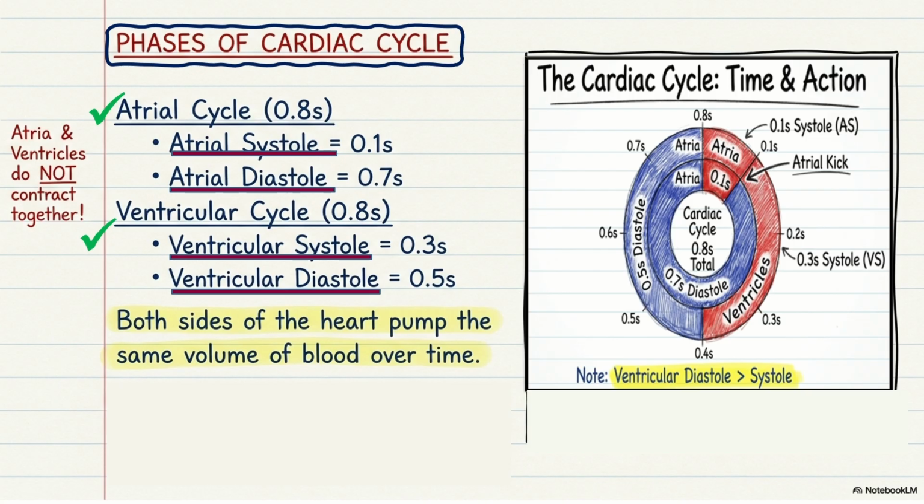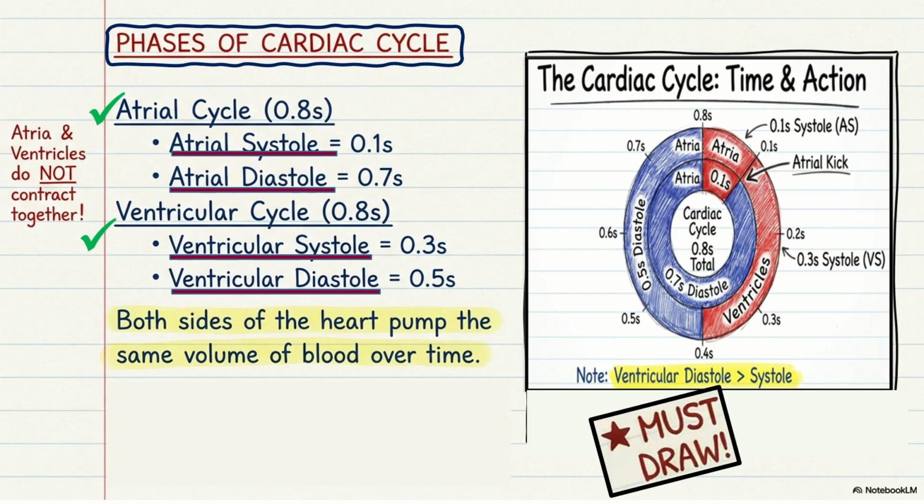Again, here you are going to draw a very important diagram of phasic changes. It contains 3 concentric circles. The inner circle shows the atrial systole for 0.1 and atrial diastole of 0.7, and the outer circle shows ventricular systole for 0.3 and ventricular diastole for 0.5. This is a very important part of the answer because it carries 1 mark.